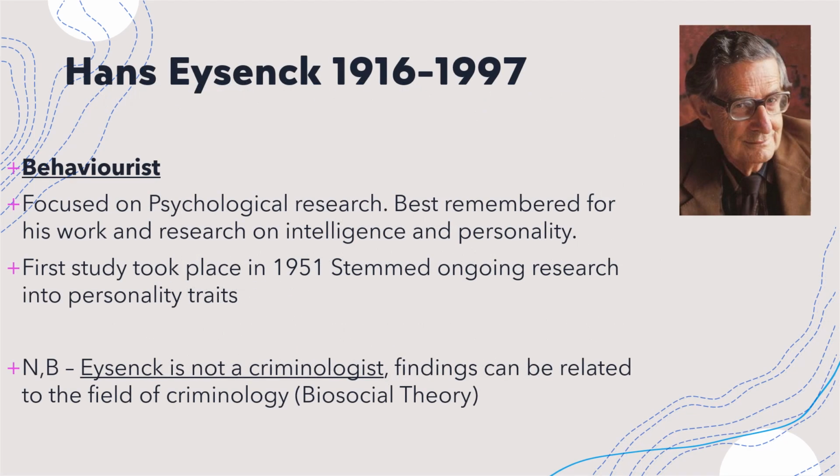Well, Hans Eysenck was a behaviourist, and he was more concerned with psychological research. While Sheldon studied men in the 1940s and came up with his different types of personality in relation to their body type, Eysenck was looking at genetics as well in twins, of younger ages, maybe between 11 and 13.